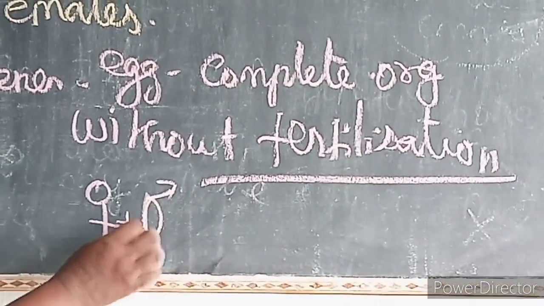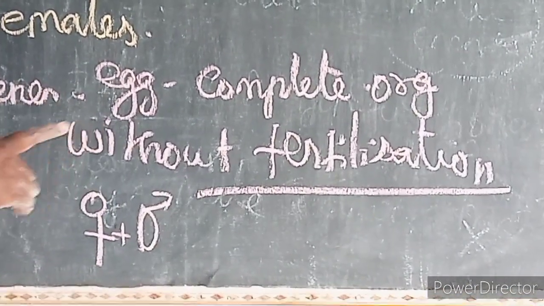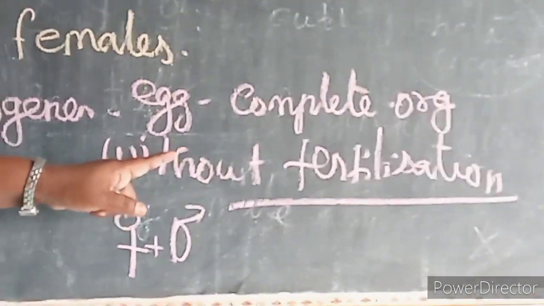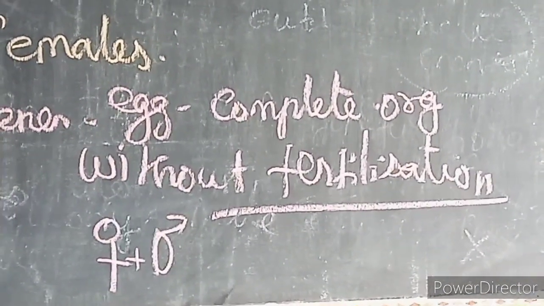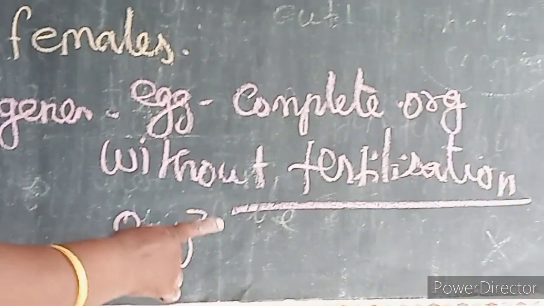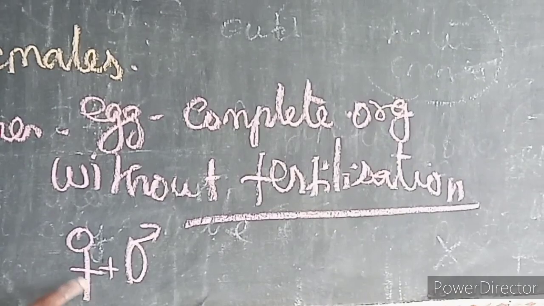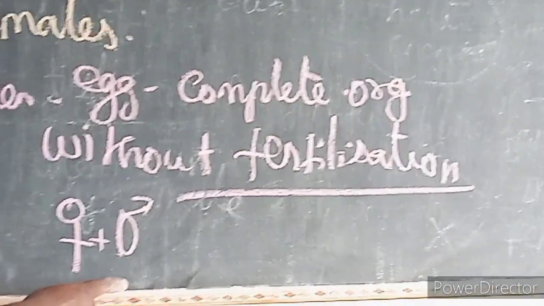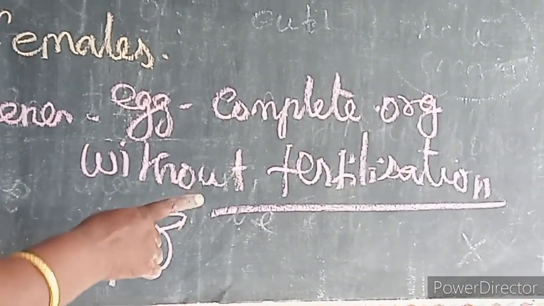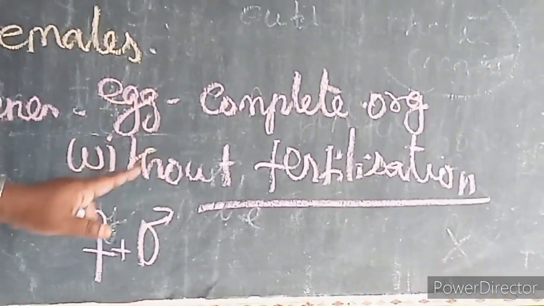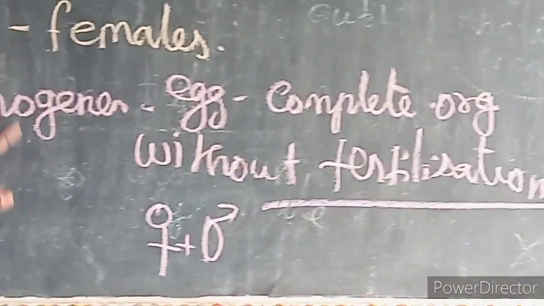The union or combining of both the male and the female gametes is called as a fertilization. So the development of the egg into the complete organism without fertilization is called as a parthenogenesis.